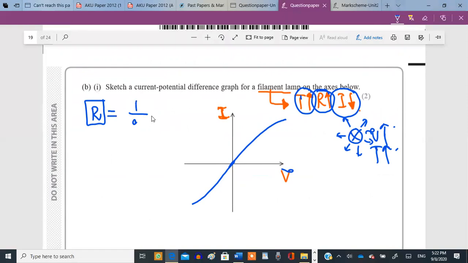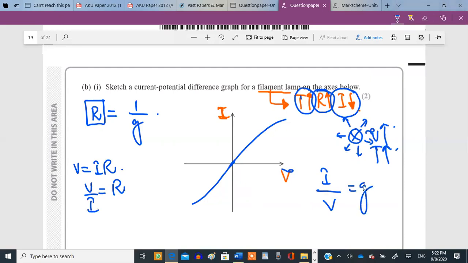Why? Because according to Ohm's law, V = IR, so R = V/I. But over here, the gradient of this graph is going to be I/V, which is the reciprocal of resistance. This is I/V, that's V/I. Is that clear?